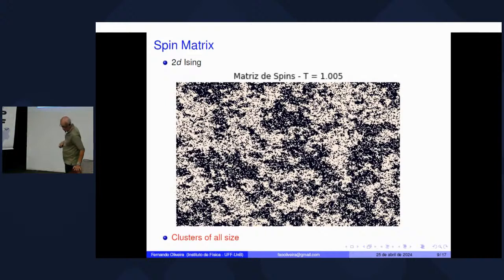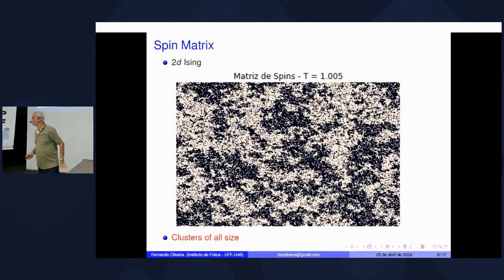Well, okay, let's go back now to the Ising system. Why Ising? Because everyone knows how to do Ising. So you take the 2D Ising model, zero field, and we look for the clusters that you have close to the transition, temperature very close to the transition.